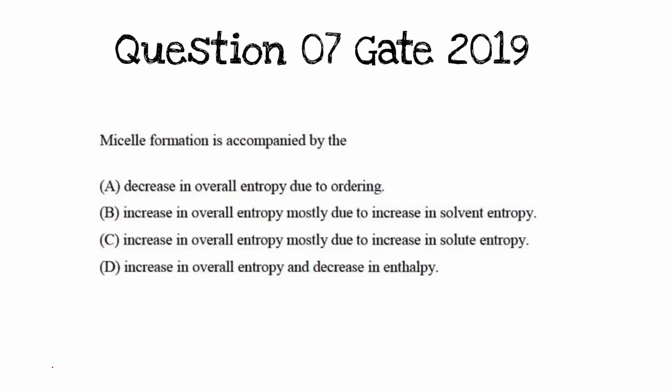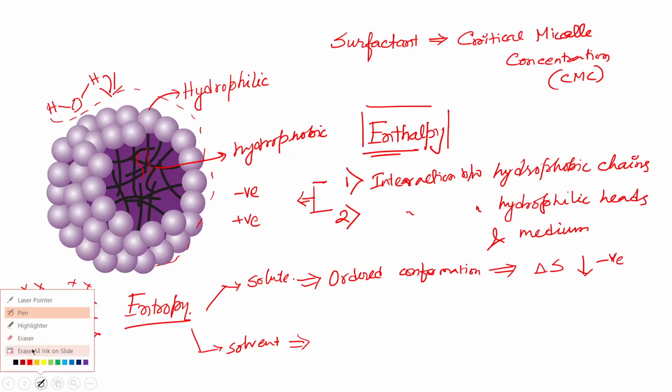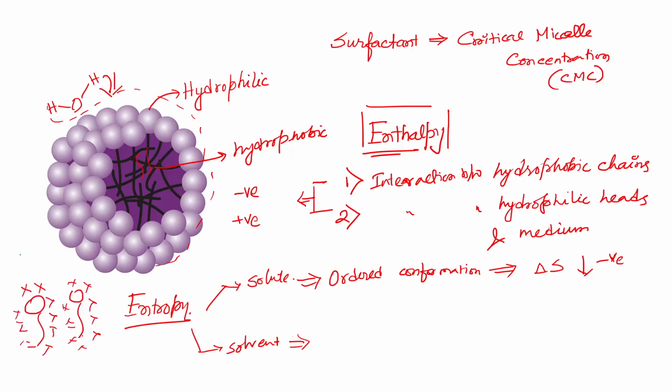But instead of small cages, if the hydrophobic surfactant molecules come together and form a micelle, the water molecules now have to form a bigger cage with a comparatively small number of water molecules, compared to the number needed for many small cages.